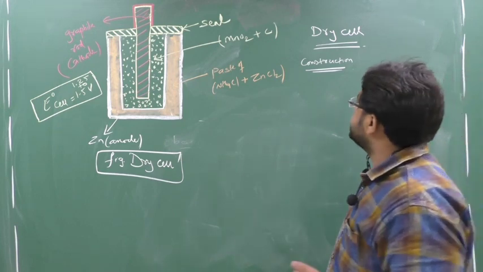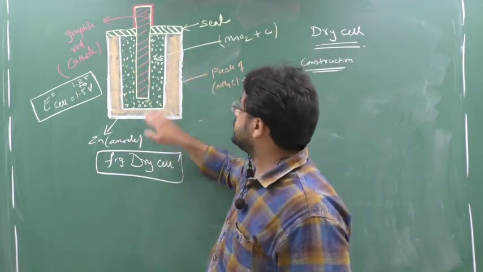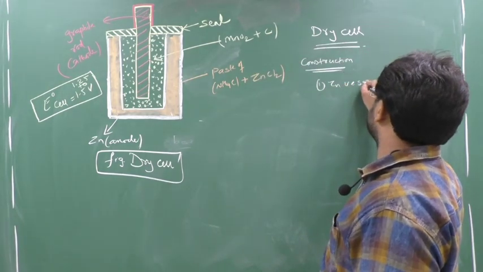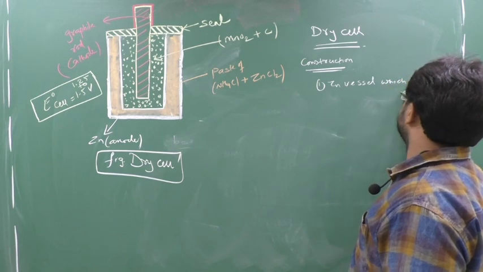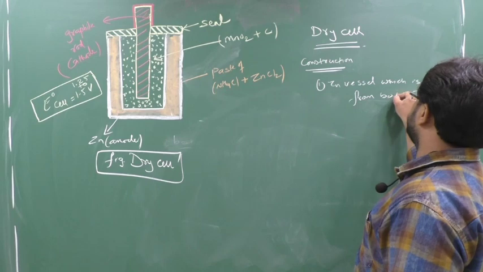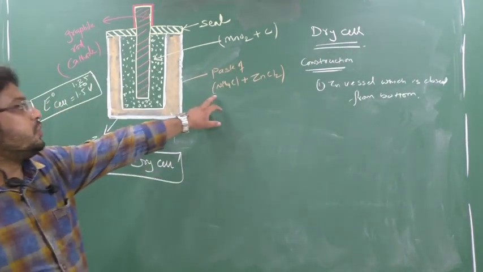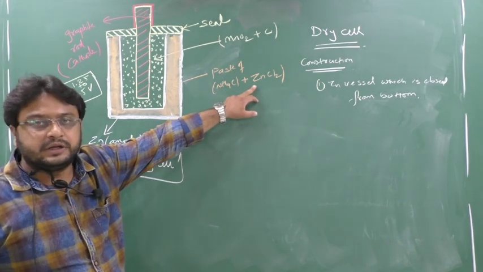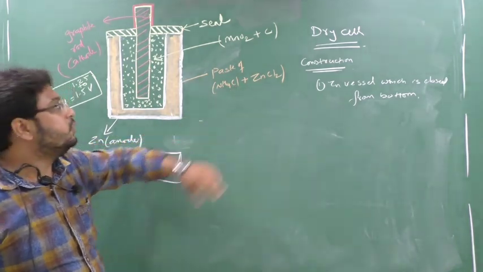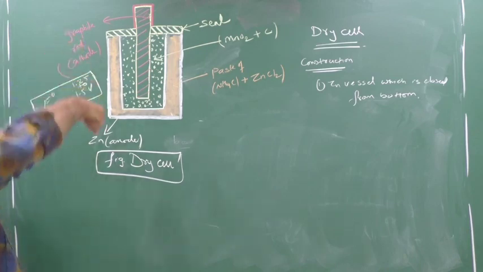Now see here. In the construction, the first point is you take one zinc vessel which is closed from the bottom. Yes or no? Now in this, you have to fill the paste of NH4Cl and ZnCl2, and you have to push the graphite rod in that paste.